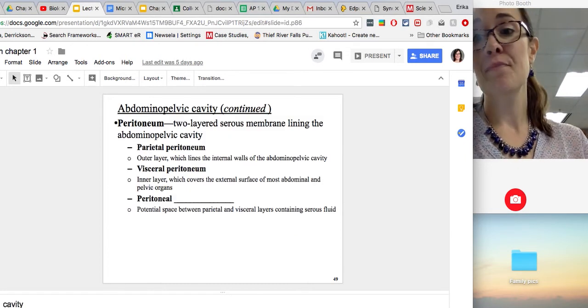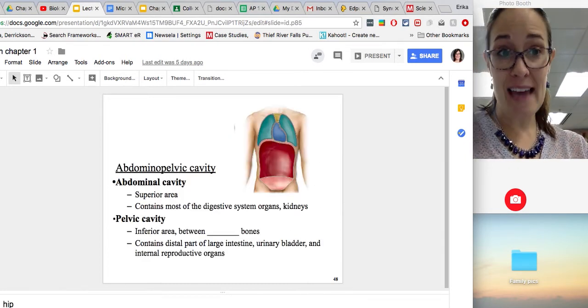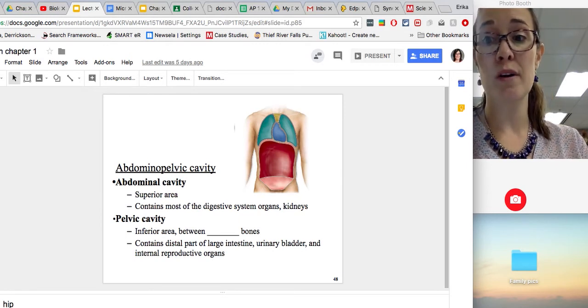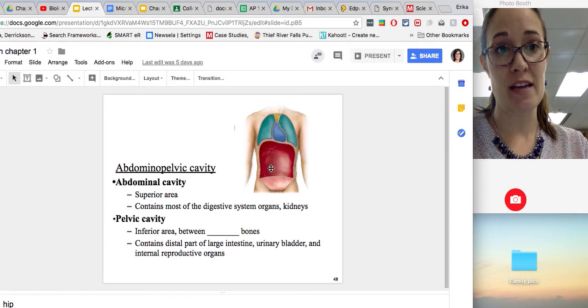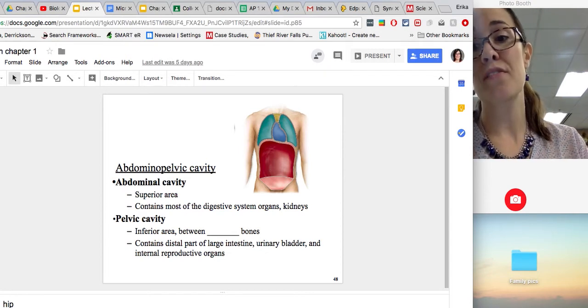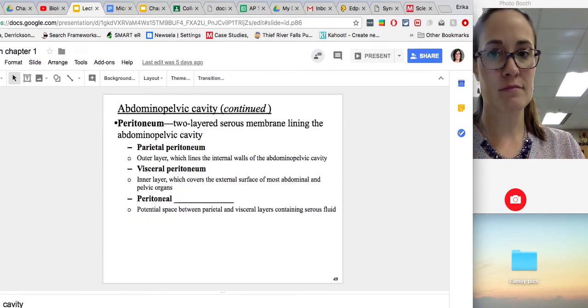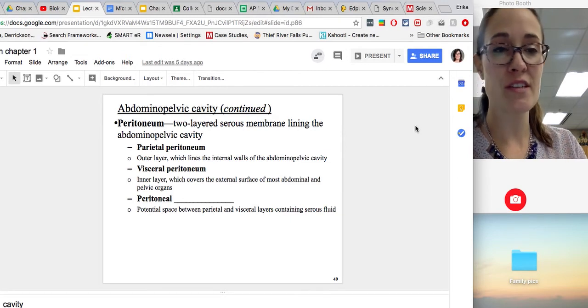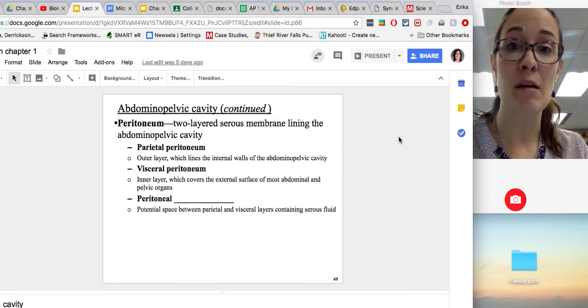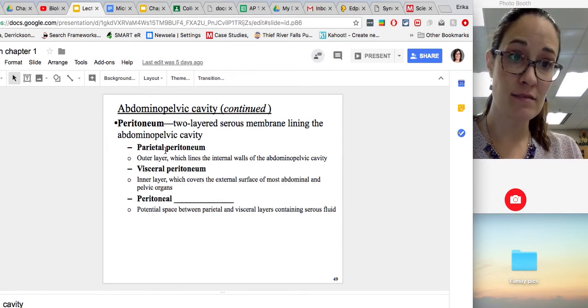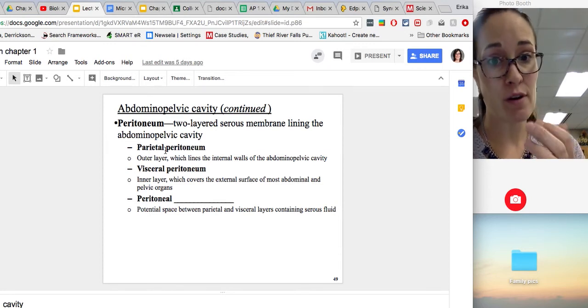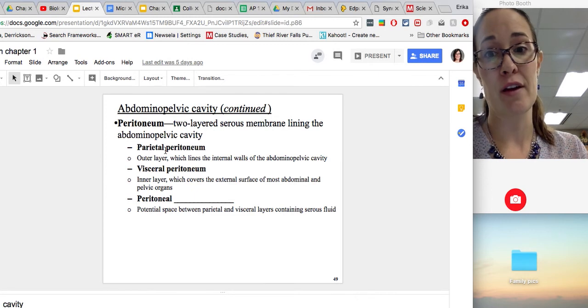And then the last cavity with fluid that we're going to talk about is your abdominopelvic cavity, which is also lined with serous membranes. And the name of this serous membrane is the peritoneum. And the parietal is on the outside, the visceral lines the organs in your abdominal area.